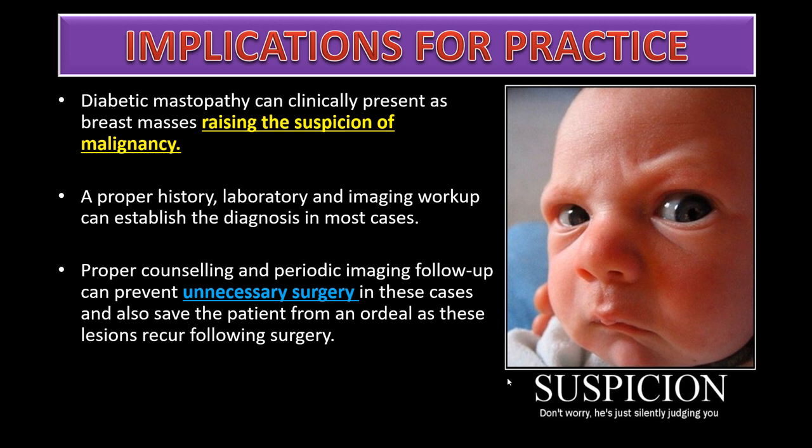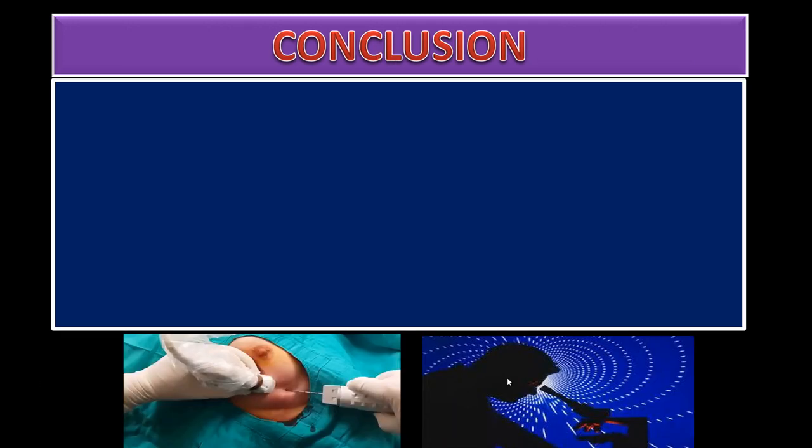Proper counseling and periodic imaging follow-up can prevent unnecessary surgery in these cases and also save the patient from an ordeal, as these lesions can recur following surgery. Surgery appears to exacerbate the condition.